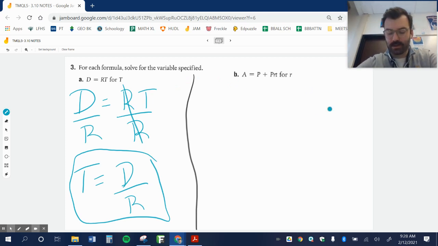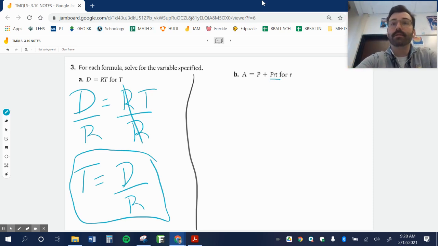This question's a little bit different. It says solve for R. You'll see R is right there. Like I said, this one is a little bit different because R is attached to two other variables, but that's okay. We're still going to treat it the same.